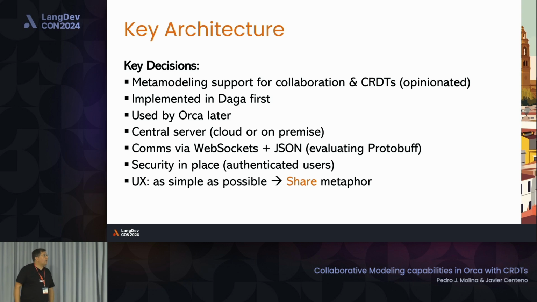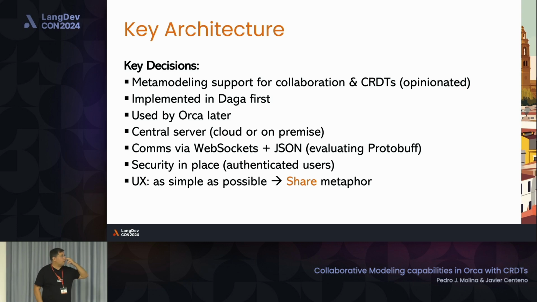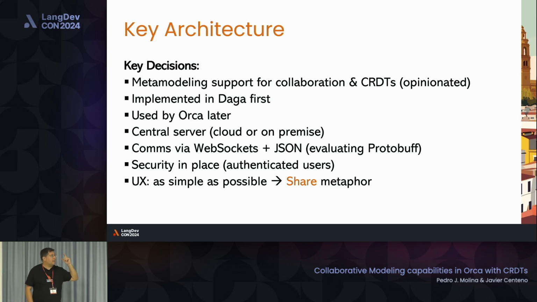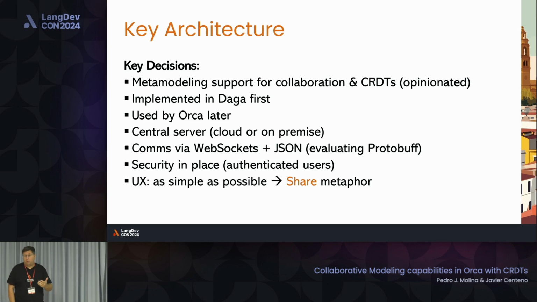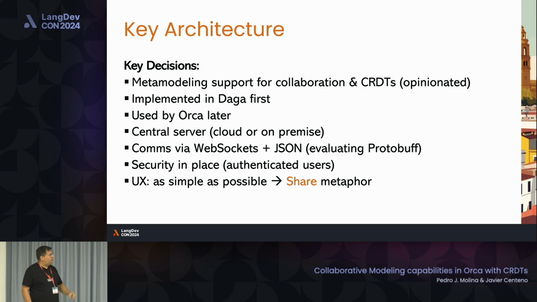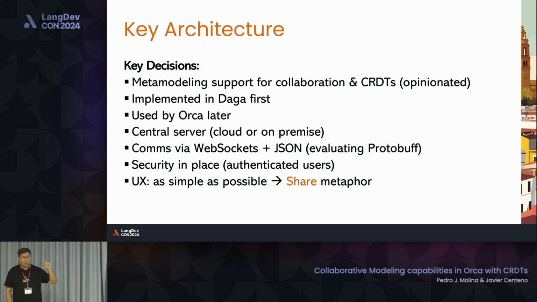So we need to add metamodeling support for the primitives for collaboration, and of course, this is an opinionated solution to build an example of the things we want to build. There are more solutions to this depending on your requirements, basically. Okay, so we implemented it in Daga first. Daga is the library we use for all the graphical modeling.